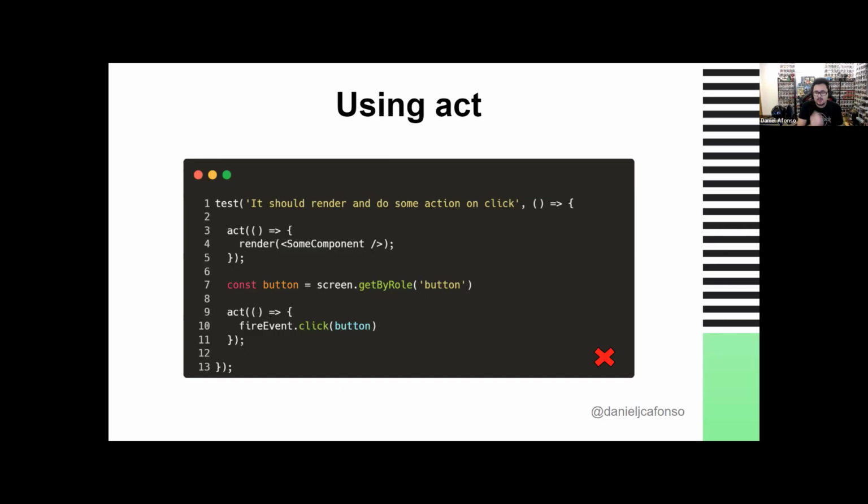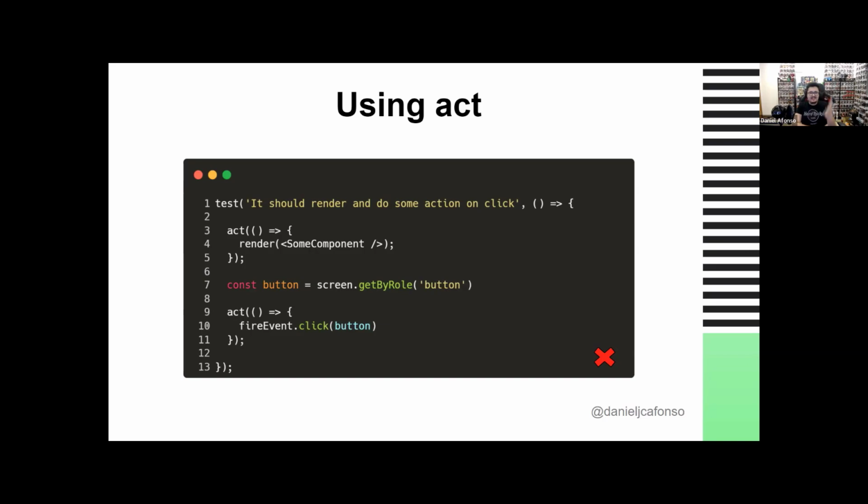These are all units of interaction with the user interface. Act is a util that the React team created to make sure that all these units of interaction with the user interface are finished before your test proceeds. So this makes sure, okay, I click the button. Is this click finished? Is all this process finished? Yes. Okay, so your test can proceed.